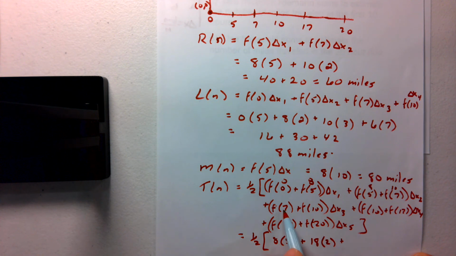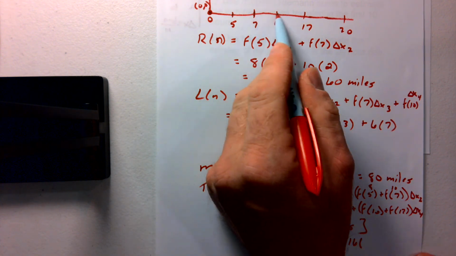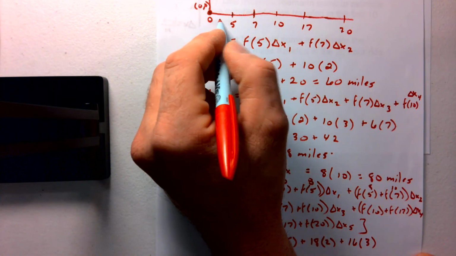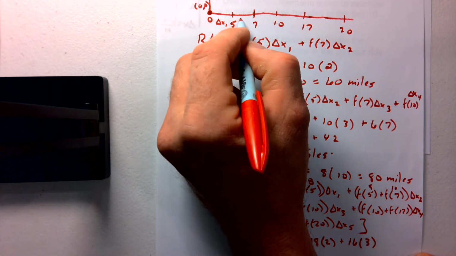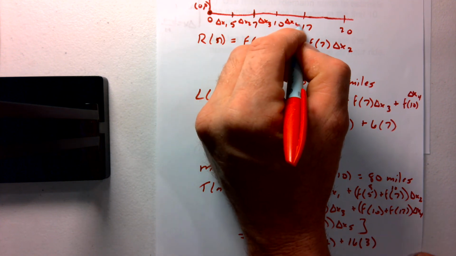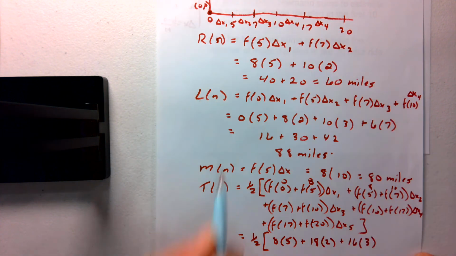To that, we're going to add f of 7, which is 10, and f of 10, which is 6. So we get 16 times delta x3, which is going to be 3. Again, if you need to, you may put in delta x1, delta x2. That might help you a little bit to see where you're going. I guess I probably should have done that before.